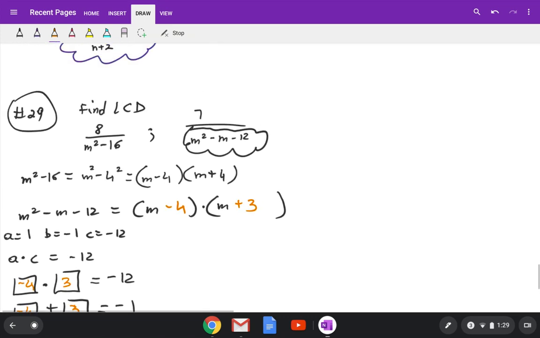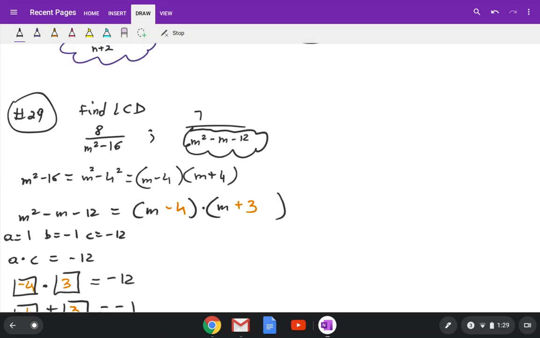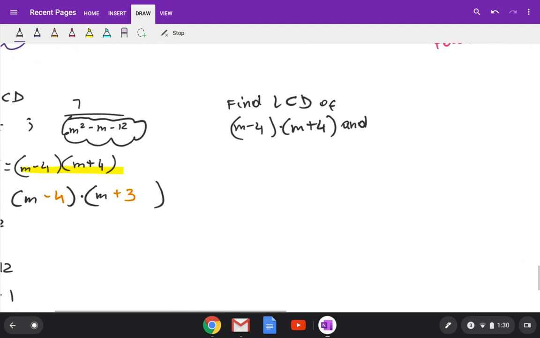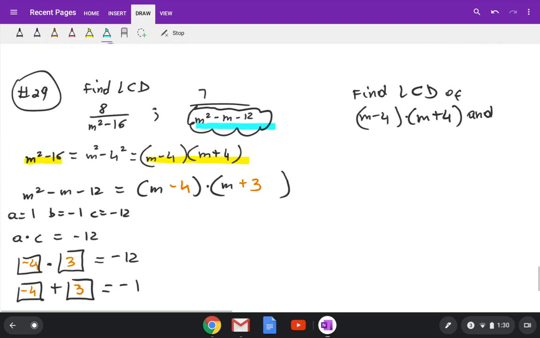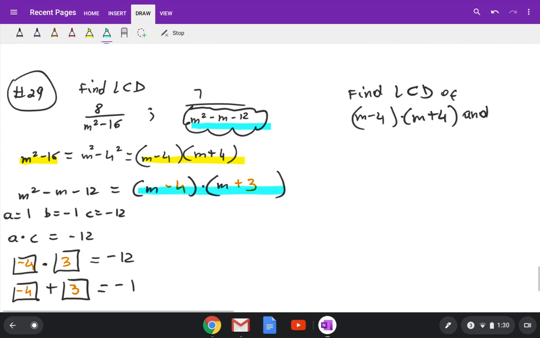So now we have to find the LCD. You take your denominators which you factored. So m squared minus 16, you're going to rewrite as m minus 4 times m plus 4, and the second denominator, m squared minus m minus 12, which is the same as m minus 4 times m plus 3.